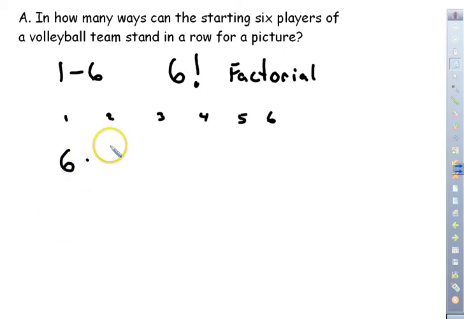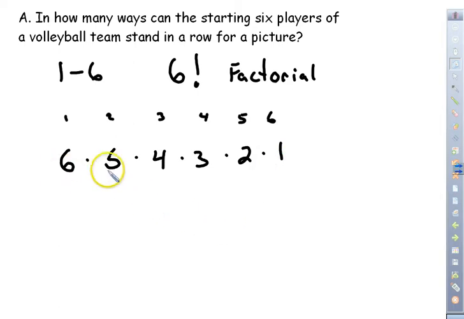In the second position, because one of them is going to be used here, you would have 5 possibilities. For the third position, you would only have 4 possibilities because you've already used 2 of them. For the fourth position, you have only 3, and the fifth, you only have 2, and the last one, there's only going to be 1 person left over, which is 1.